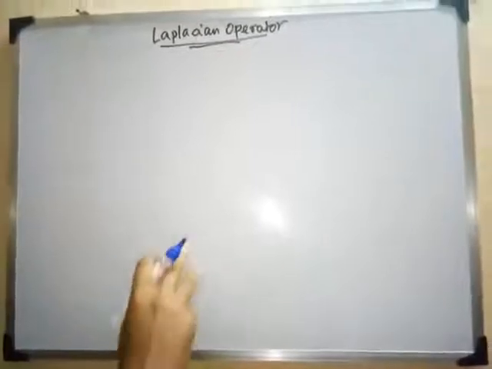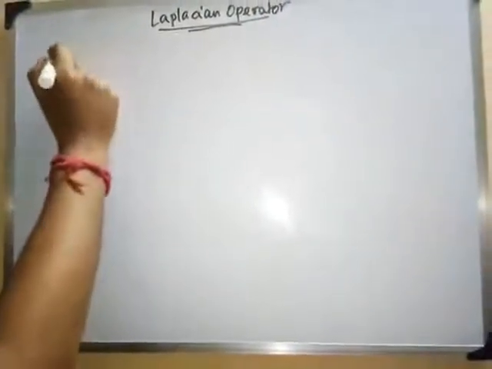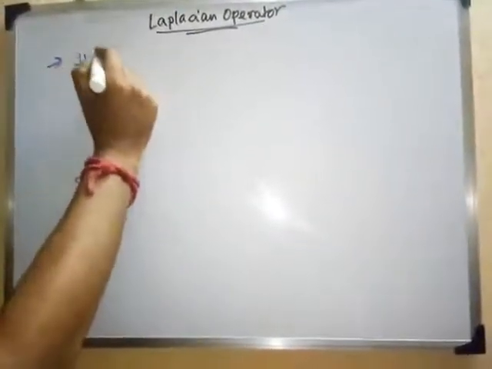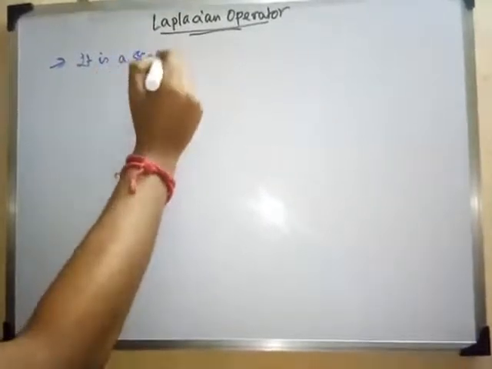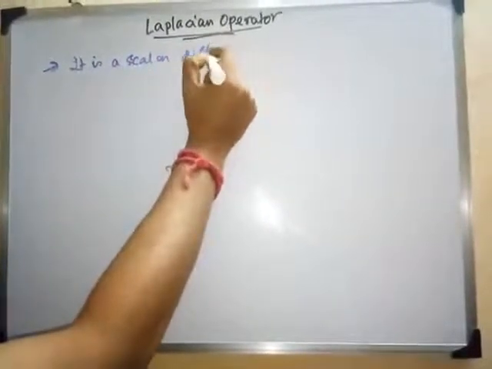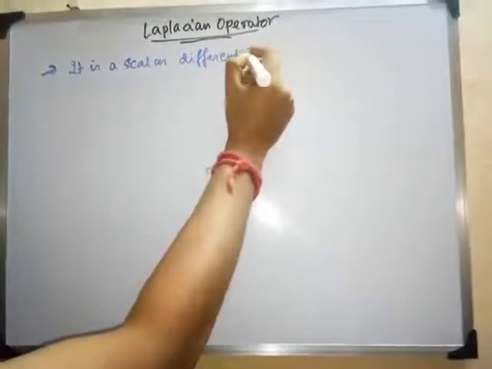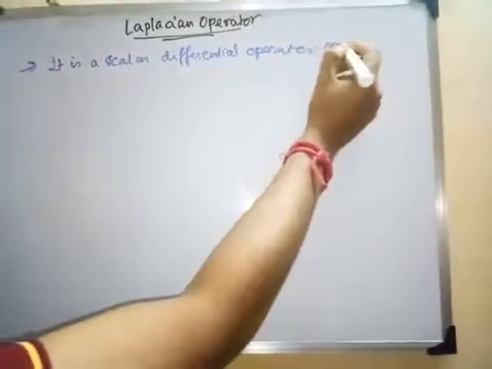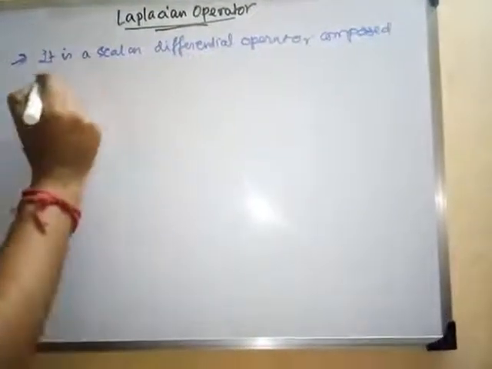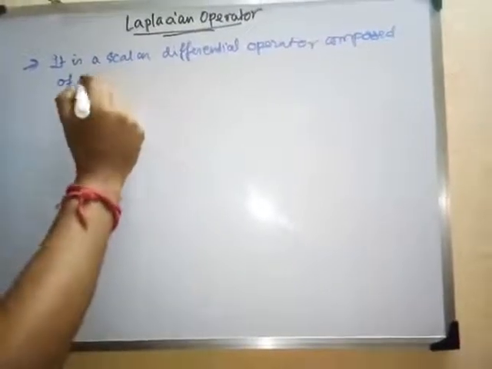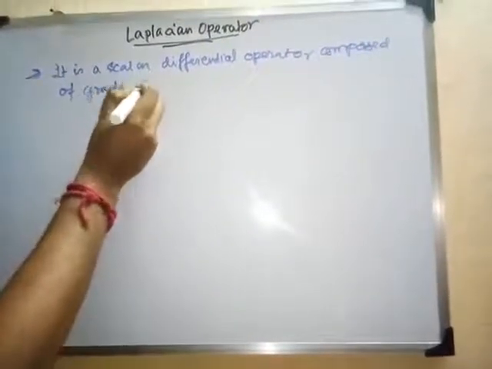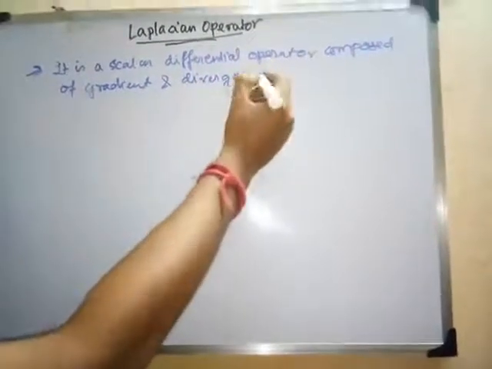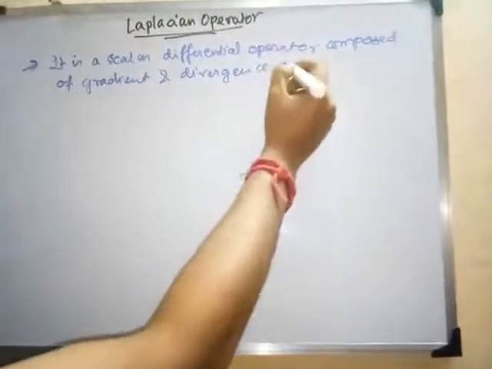So for the properties or characteristics of the Laplacian operator, we'll see that it is a scalar differential operator. This is the thing to remember. It is composed of gradient as well as divergence, so both operations should be there, gradient and divergence operators.